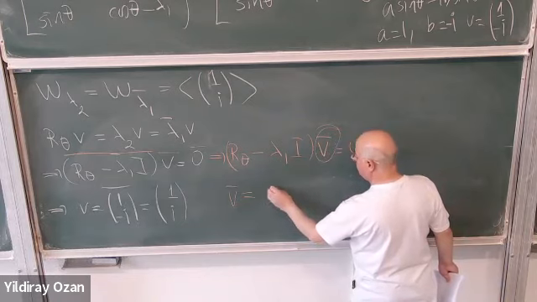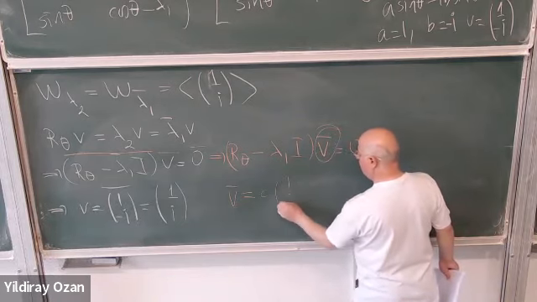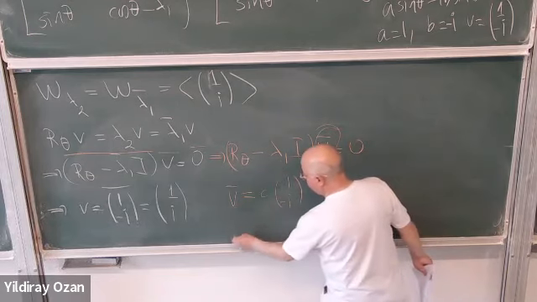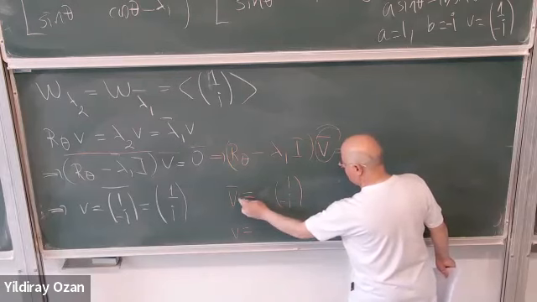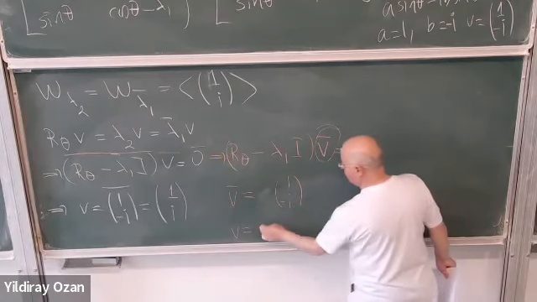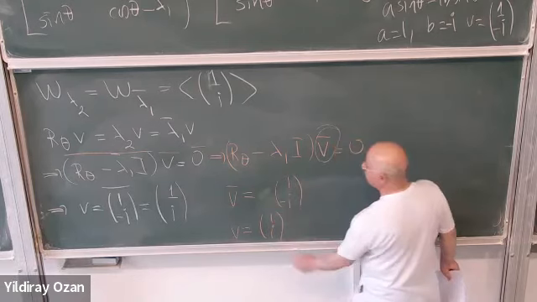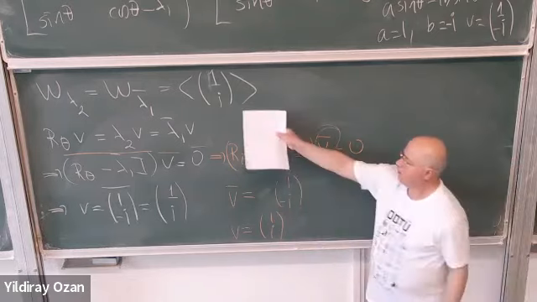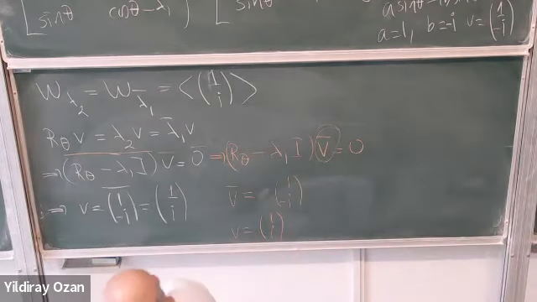Therefore, this should be just a multiple times 1 minus I. But then what do I do? I can just take, let's say, as a base element, V bar 1 minus I. So what is V? It's the conjugate of this one, so it is just 1 I. Okay. So what we have obtained is the following.